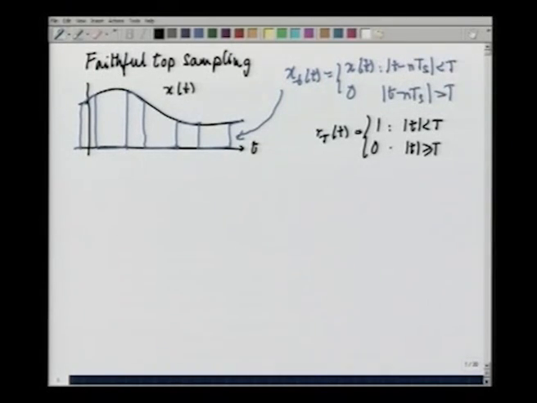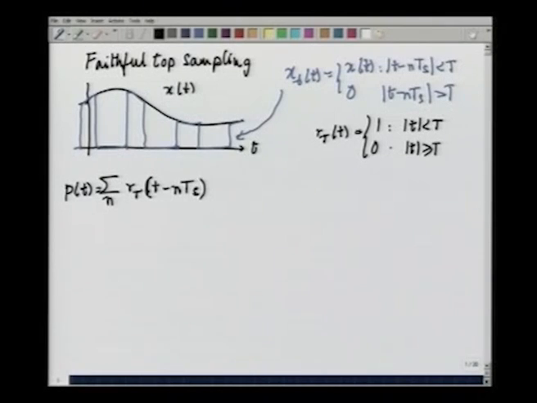Now, we want to have a train of such pulses. That is to say, we will construct a function which is summation over all n of r t of t minus n t s. This we shall call P t. It is a rectangular pulse train.